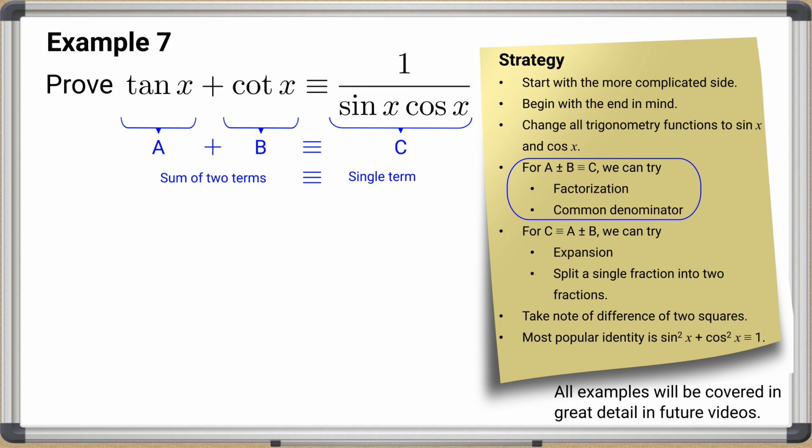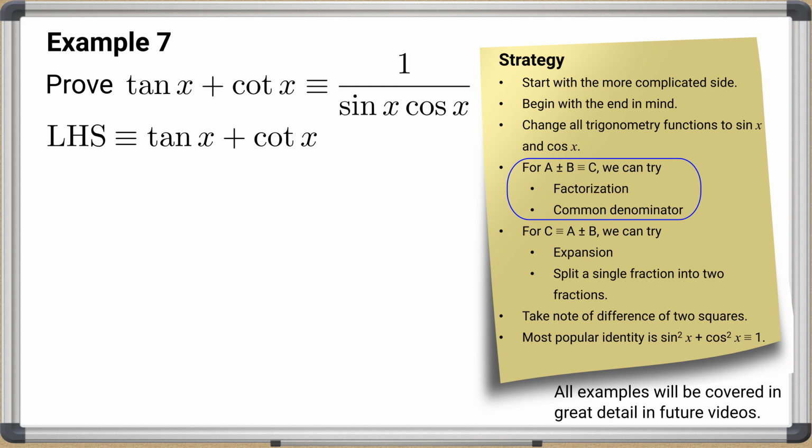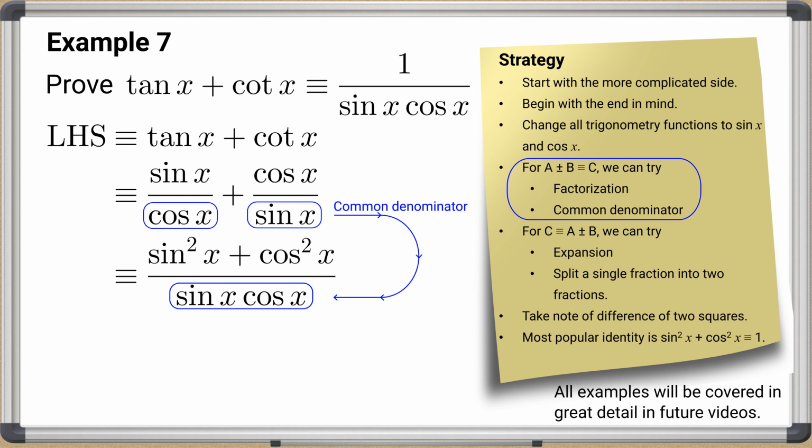We can try factorization or common denominator. We change tangent x to sine x over cosine x. We change cotangent x to cosine x over sine x. The common denominator for these two fractions is sine x cosine x. Simplify. Solved.